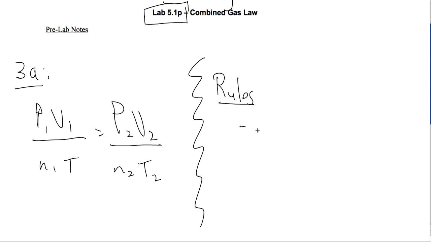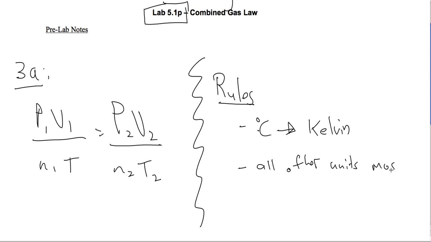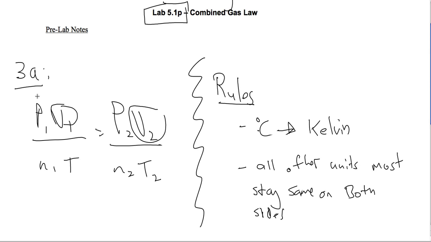The first rule was that degrees Celsius should always be turned to Kelvin, and all other units must stay the same on both sides. So if you happen to have milliliters over here, it's going to come out in milliliters over here. Likewise, if you happen to be using torr, it's going to come out in torr. The only thing that has to stay the same is temperature in Kelvin.